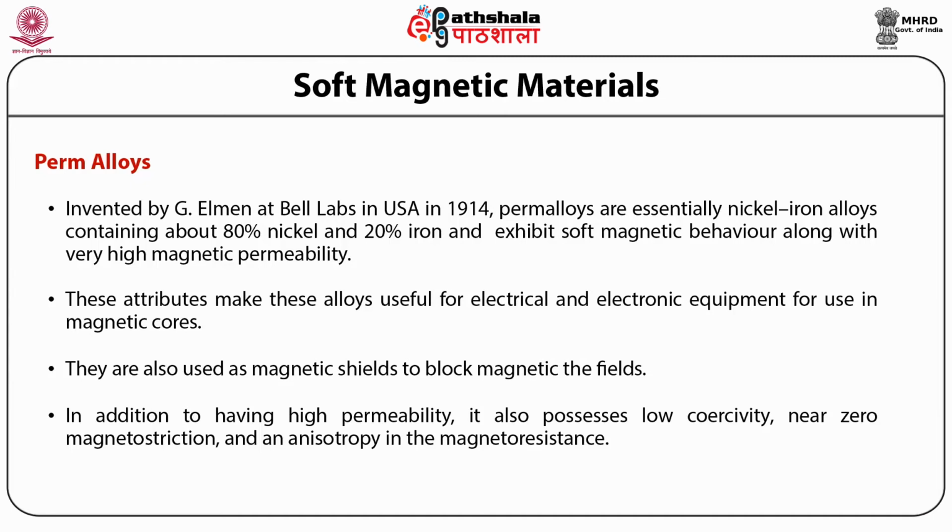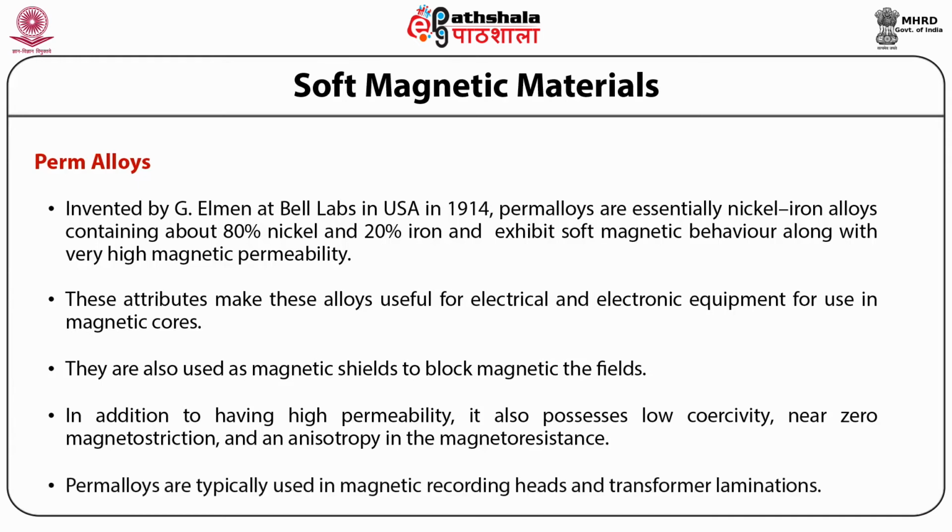The characteristic of low magnetostriction is useful for a few industrial applications where large changes in the mechanical stress do not cause significant changes in magnetization. Permalloys are typically used in magnetic recording heads and transformer laminations.